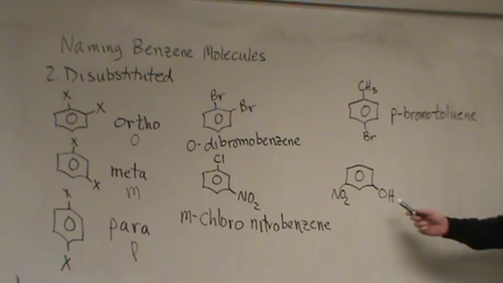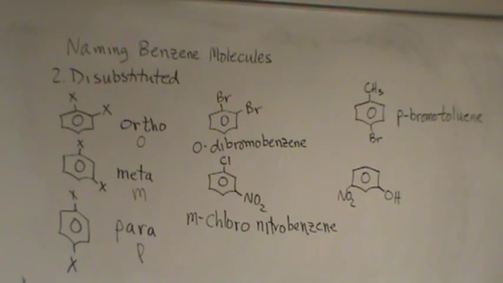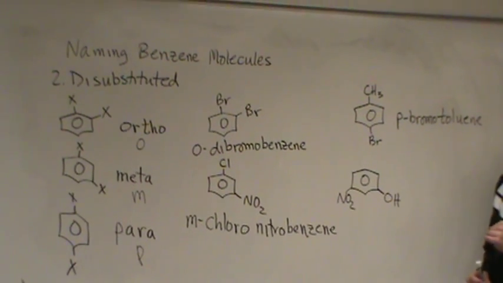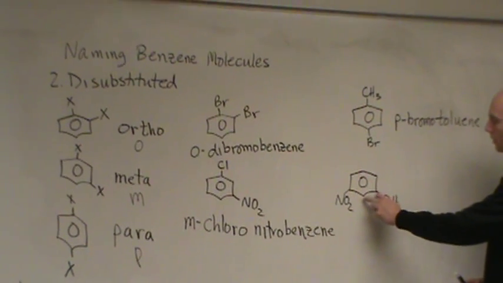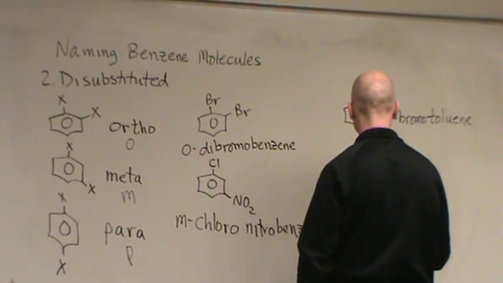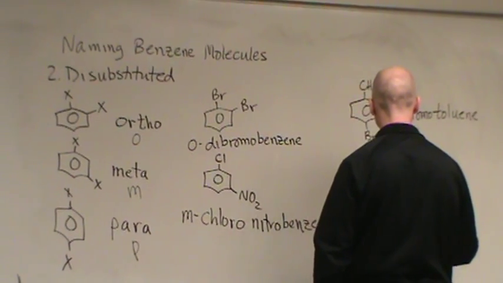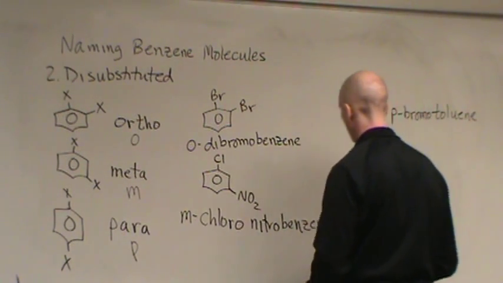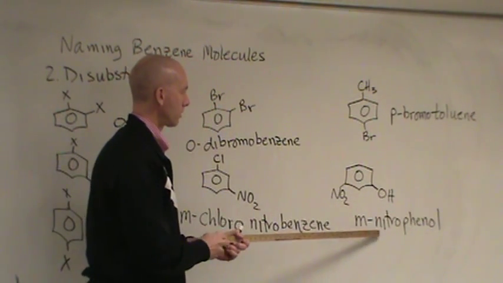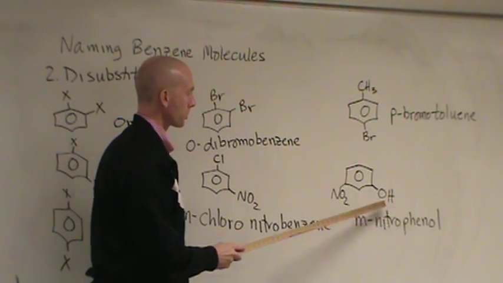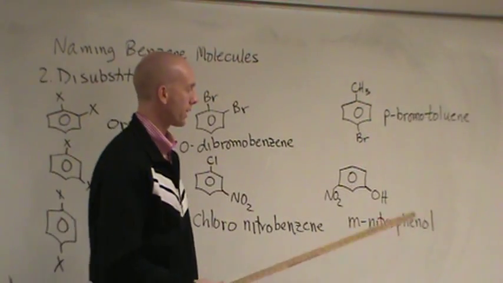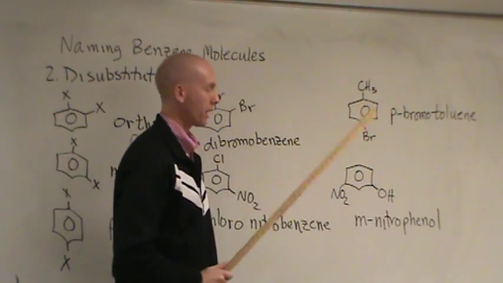Let's look at another one. Do you see what the base name of that would be? Yes, I see the OH to make it phenol. The nitro is what? Meta from it. So we get meta-nitrophenol. Okay? So you see the importance of memorizing those monosubstituted trivial names so that you can identify them in di-substituted molecules.